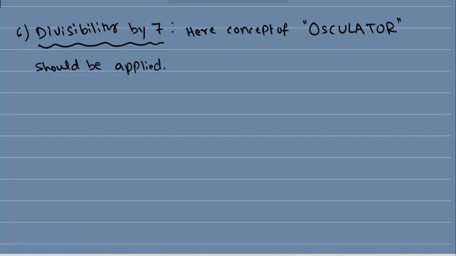To check the divisibility by 7, we use oscillator 2. By solving the questions, you will get to know what the oscillator means.